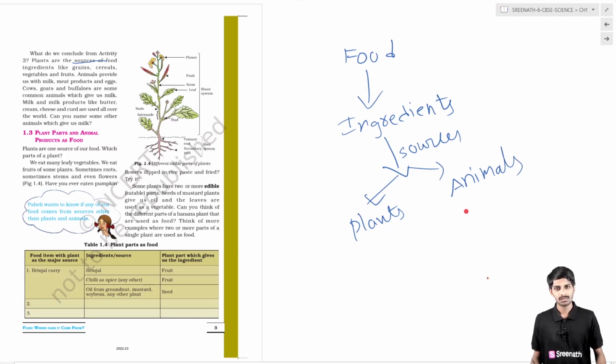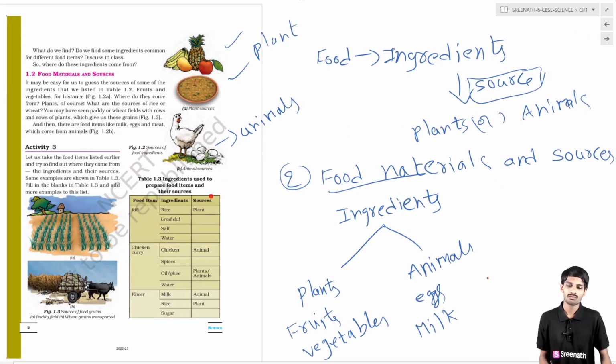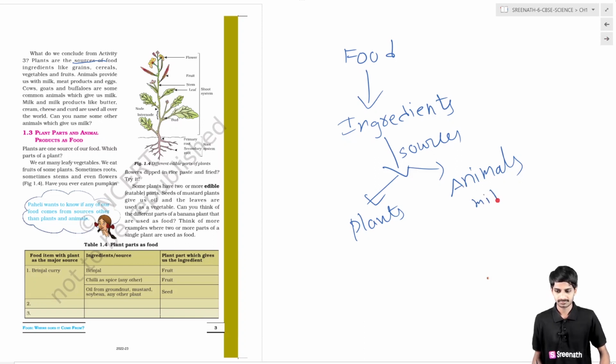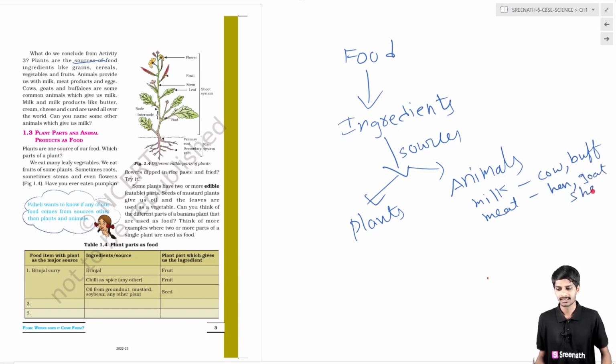Eggs, milk and milk products, mutton, chicken, etc. You have to know from which animal which products we get. Basically, milk is from cows, buffaloes, and meat is from hens, goats, sheep.